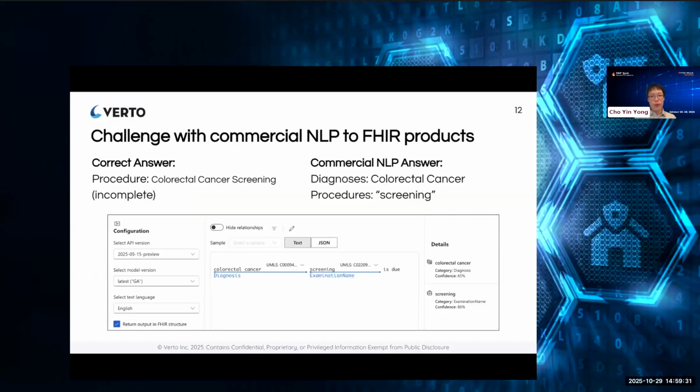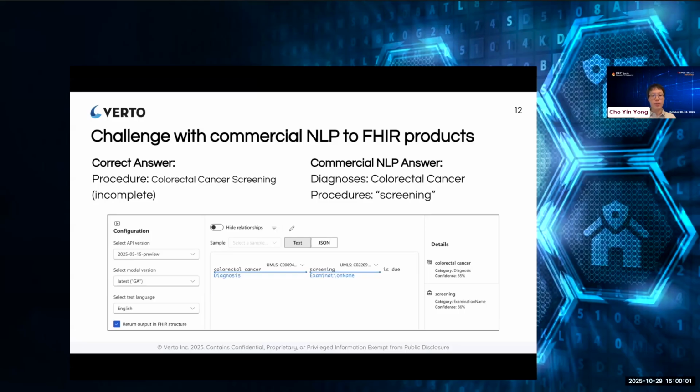Now, there are many challenges in doing NLP and outputting in FHIR, because some commercial NLP solutions actually do support this process. Here's an example of Azure Text Analytics for Healthcare, and they've recently built a product that allows conversion to FHIR structure.